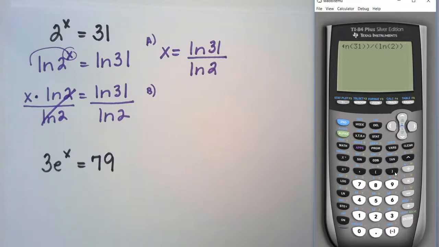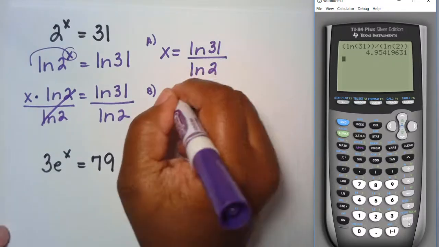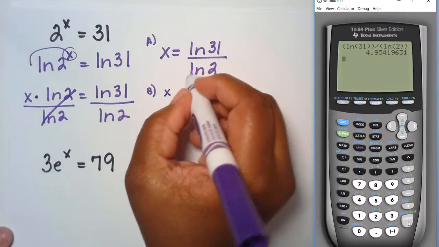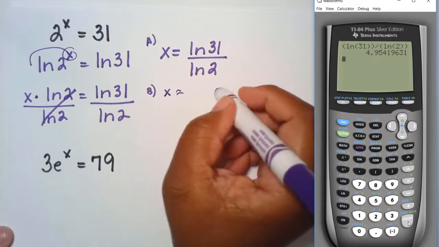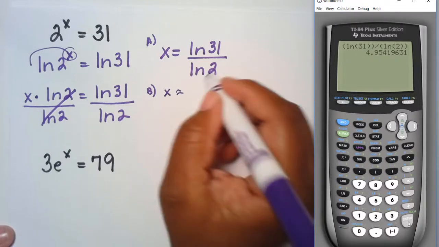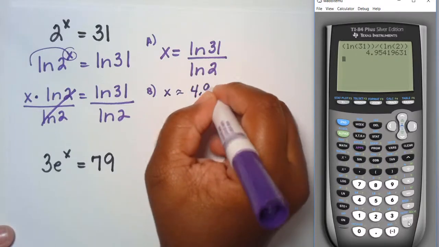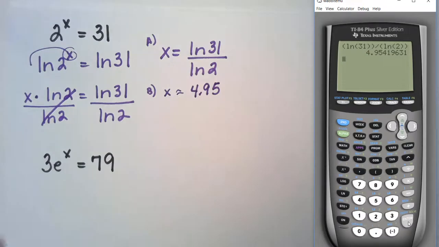Because I want that denominator to divide into everything in that numerator. So that's why I'm placing parentheses around both the numerator and denominator. So let's press enter. And we have here our approximation would be, rounded to 2 decimal places, 4.95 as the solution, as the approximation.